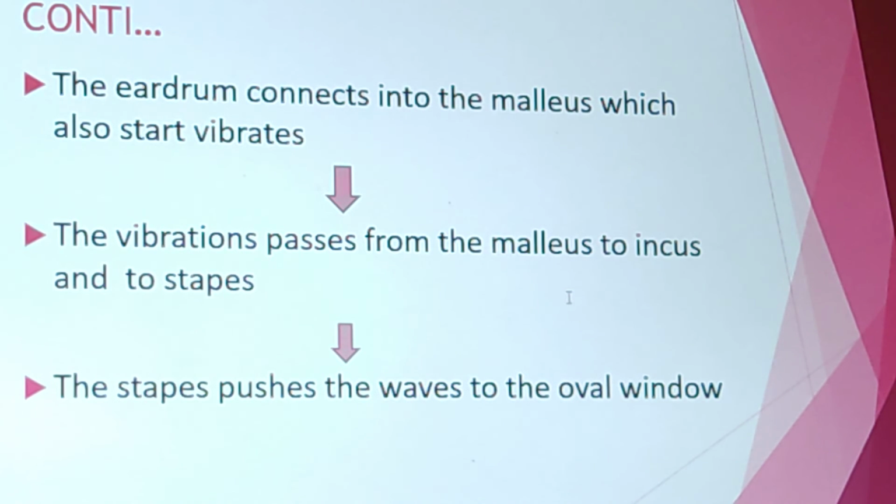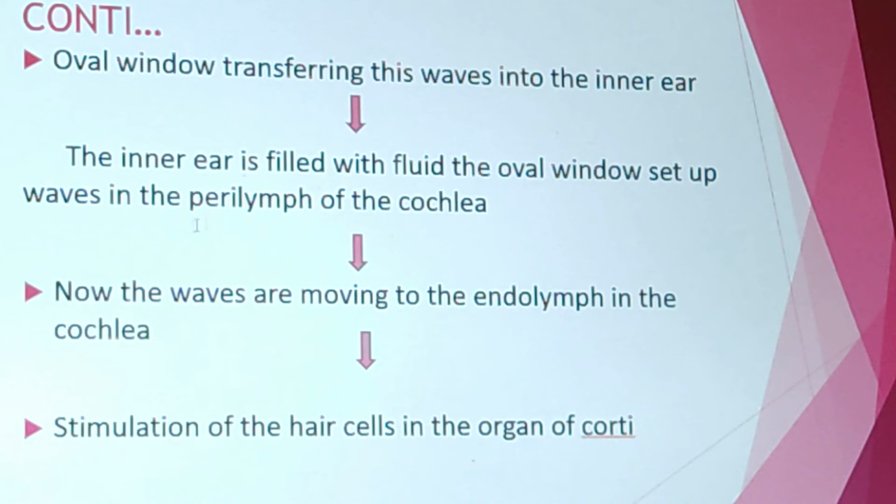In the cochlea, many parts are present, like perilymph and endolymph, the vestibular nerves and cochlear nerves, and with the help of the perilymph, these waves, these vibrations, enter into the cochlea. In the cochlea, there is also a special hair-like structure.